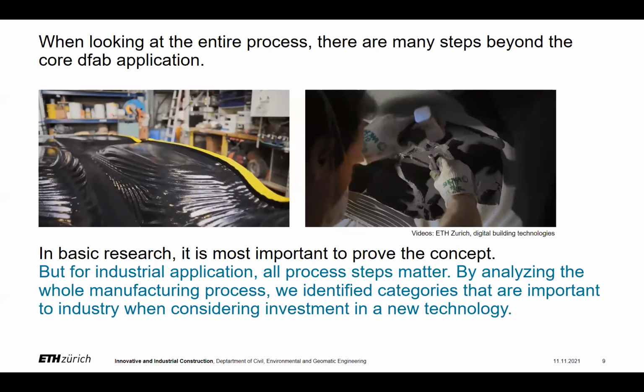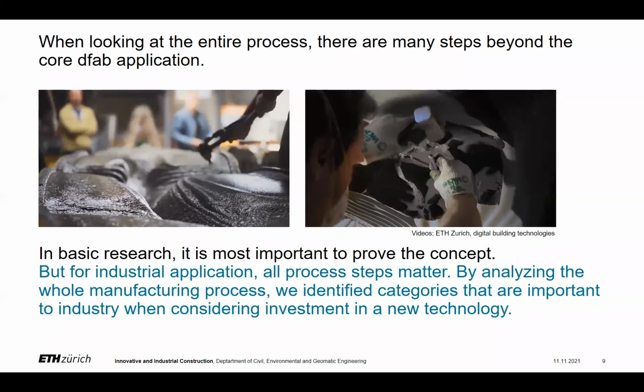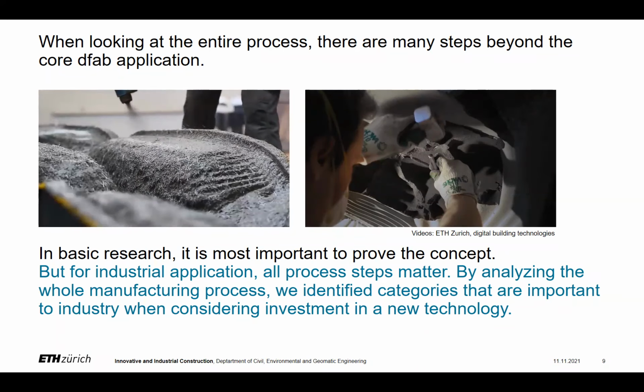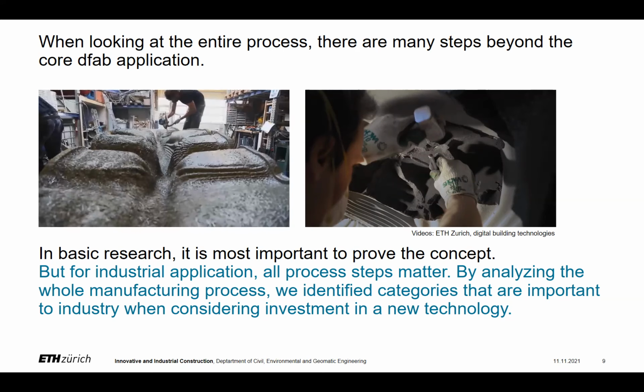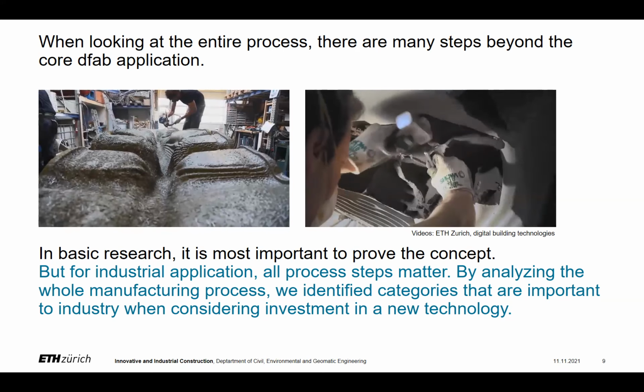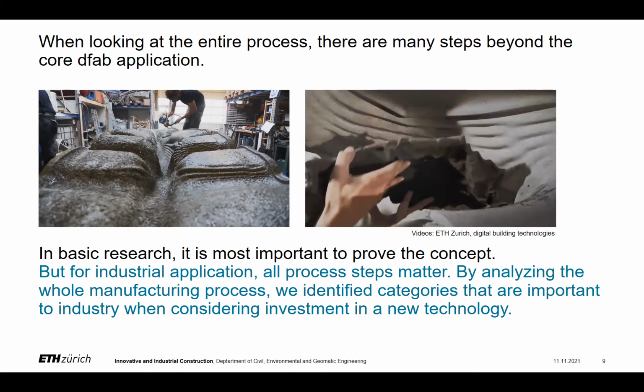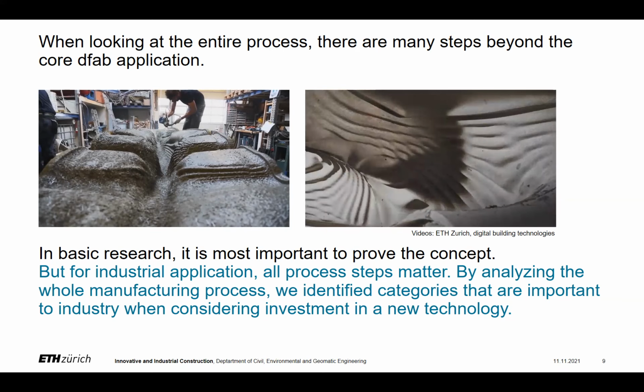Here you can see, for instance, that a 3D printed formwork is now manually sprayed with concrete to generate the actual prefab building part. And of course, there are other steps such as removing this formwork, which are also manual. So in basic research, it is most important to prove the concept, so these things don't matter as much. But for industrial application, all process steps matter.